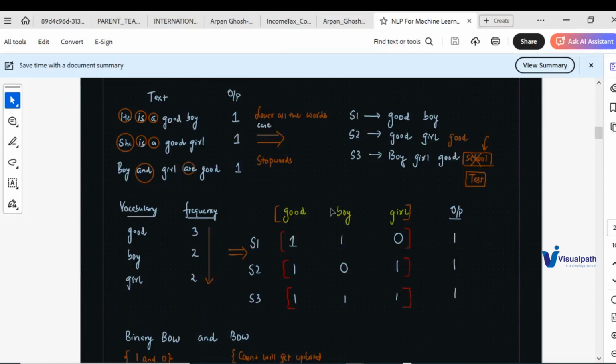These are the three unique words which remain, isn't it? Now my D1, or sentence 1, has two things: good and boy. So it is just a single list, a row. It is not creating that big matrix like 4 cross 7. Here you can see the single sentence is represented by a single list, 110. Clear?